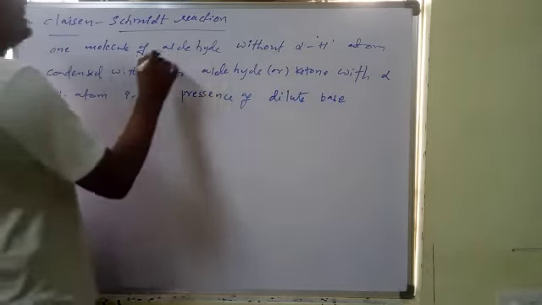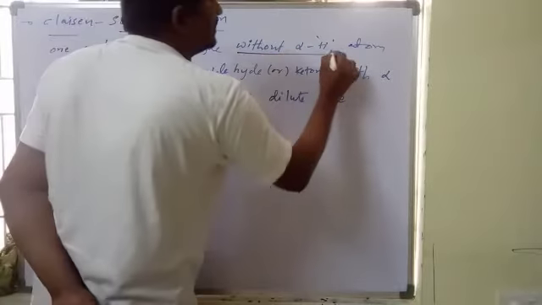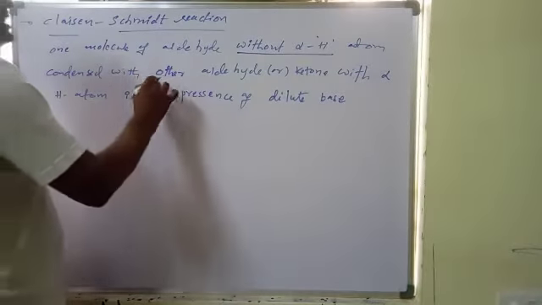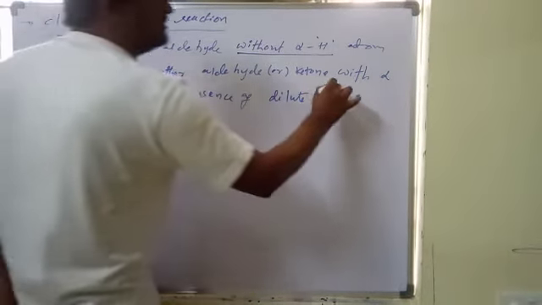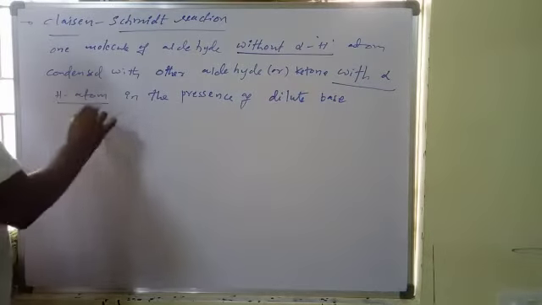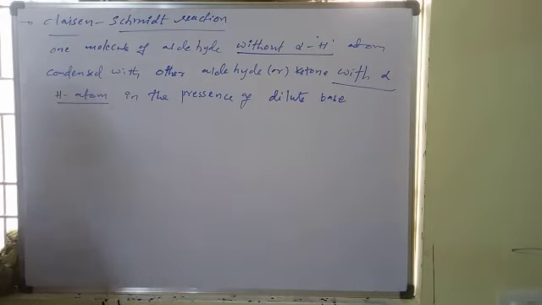So one molecule of aldehyde is without alpha hydrogen and the other aldehyde is with alpha hydrogen. Two molecules, one with alpha hydrogen, the other without alpha hydrogen.